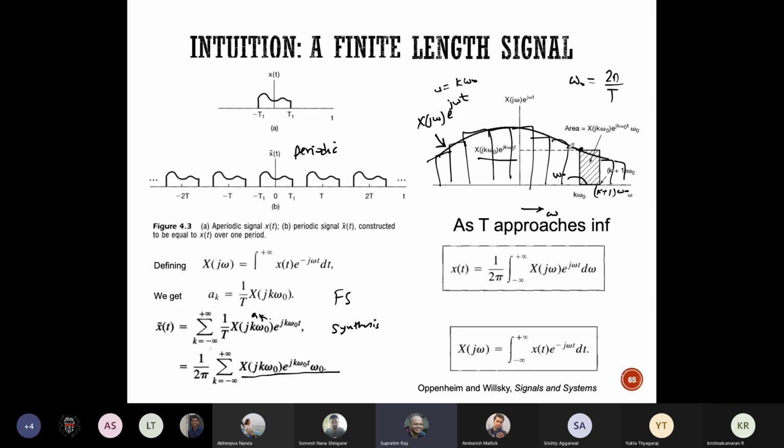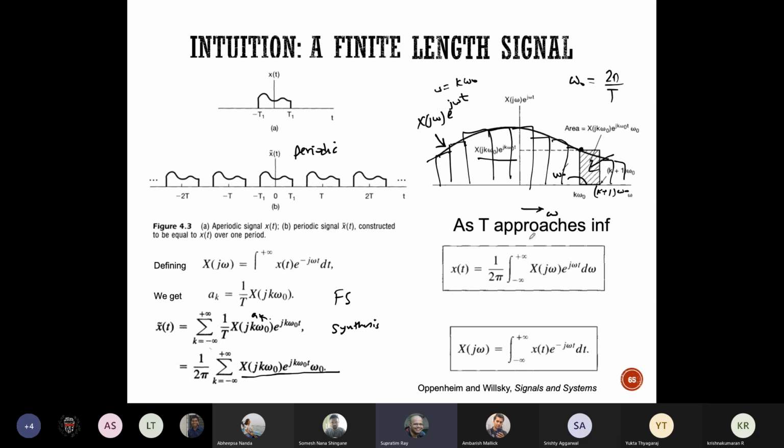So it's a continuous line because it's a continuous function of omega. So I'm just taking samples of this continuous function at k omega naught, and multiplying by omega naught. Any one term of this infinite sum is one little piece, X(j k omega naught) e to the power j k omega naught t, multiplied by omega naught.